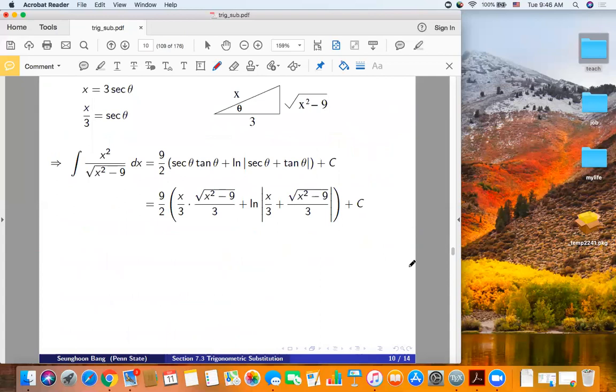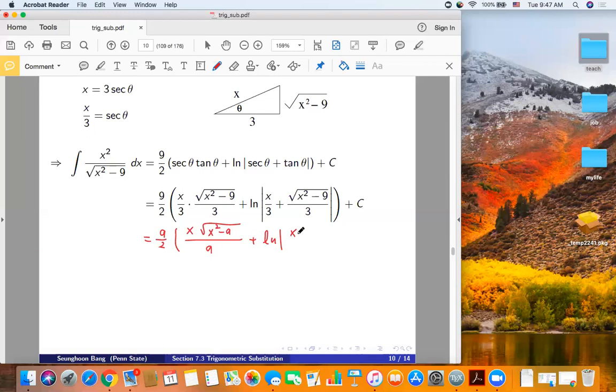The next thing, you have to simplify. Now you can do that. This is the same as 9 over 2 times x times the square root of x squared minus 9 over 9, plus ln of the same.